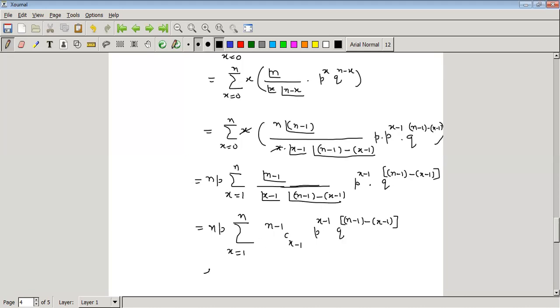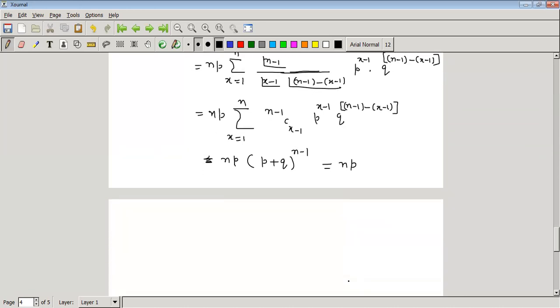Now this whole term under summation becomes np into p plus q to the power n minus 1. And we know that p plus q equal to 1, so it is np. So let this be 1: expectation of x, that is mean of a binomial distribution, equal to np.